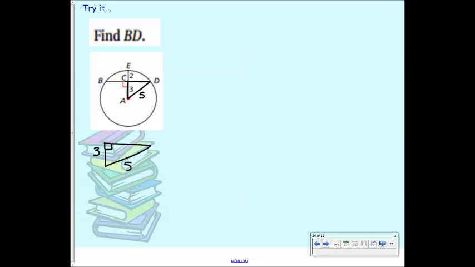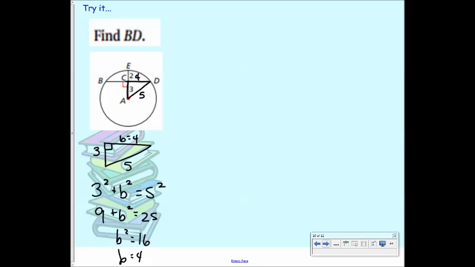Minus 9. B squared equals 16, so b equals 4. So then this must equal 4. So if this is 4, then how long is BD? 8. Because if this is 4, this is 4. So BD equals 8.